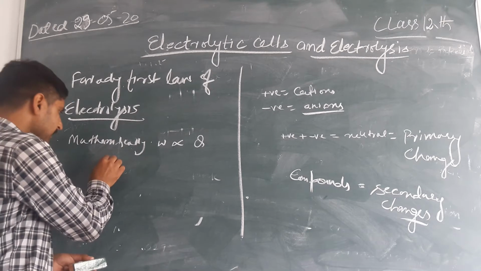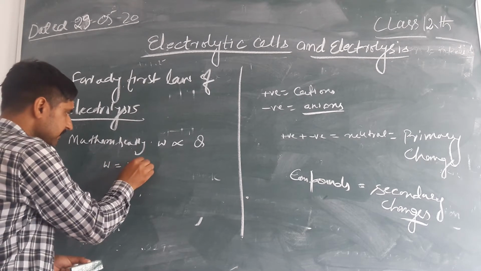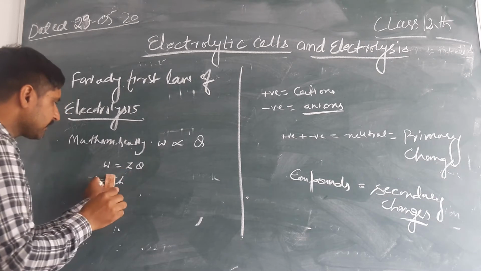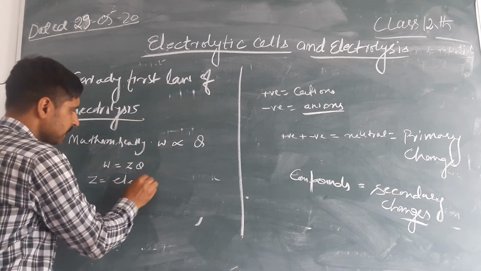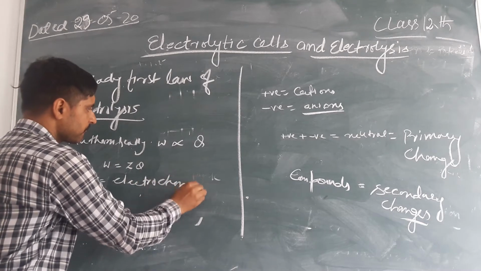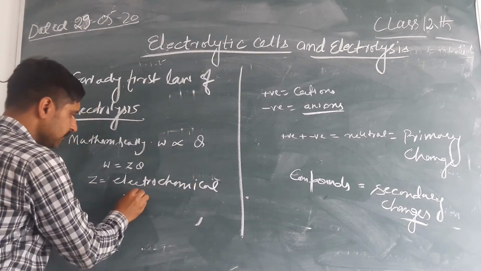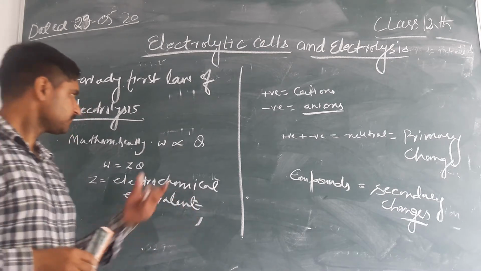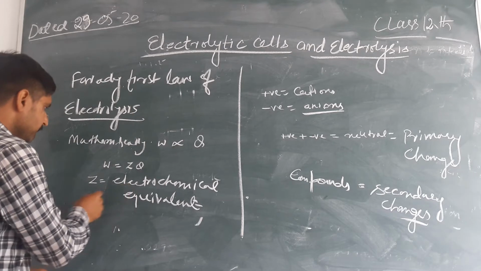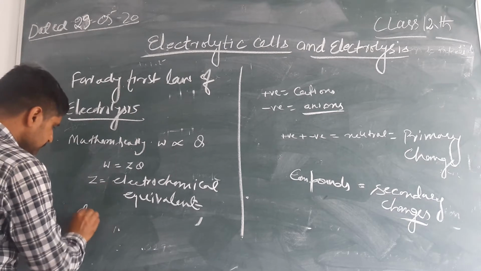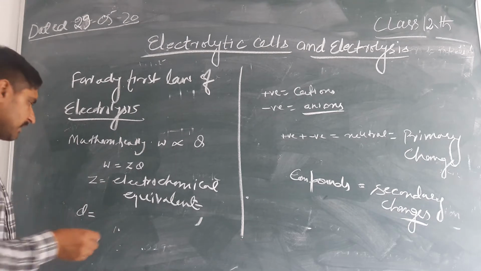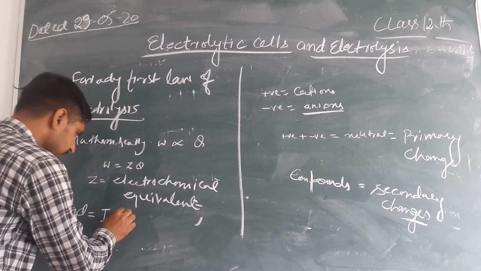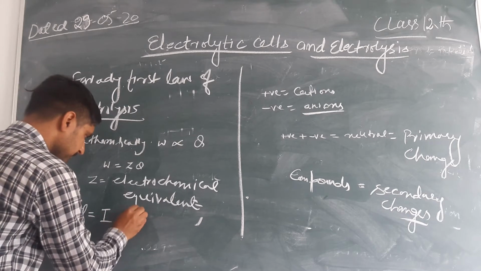Now, W = Zq, where Z is called the electrochemical equivalent. Charge equals current multiplied by time.